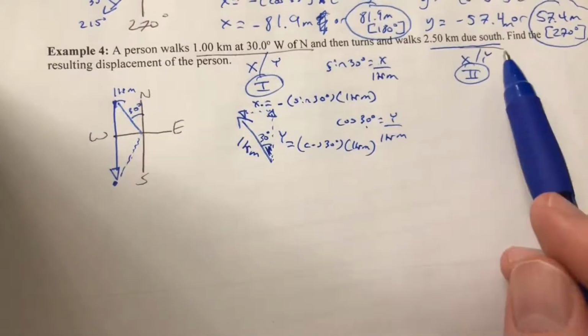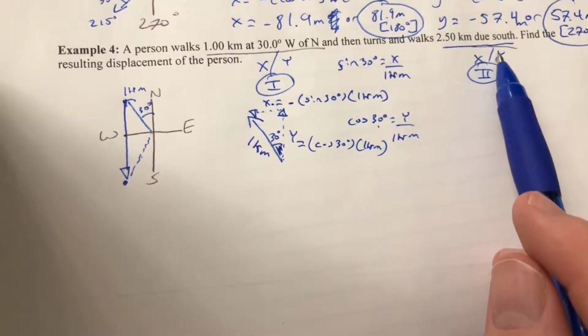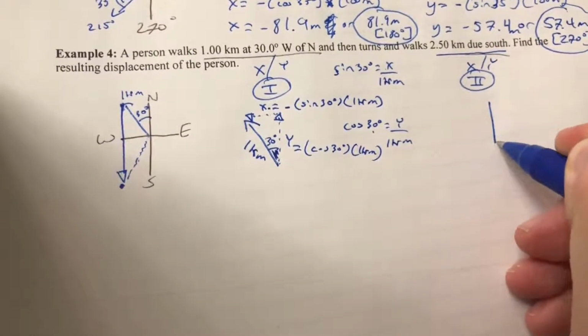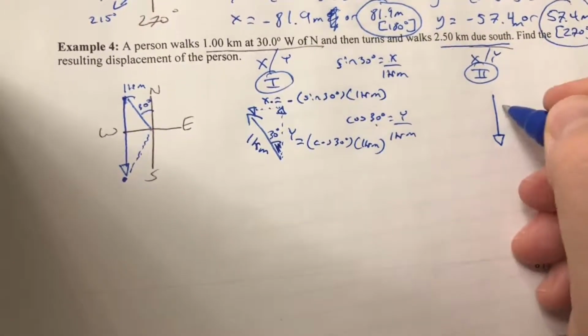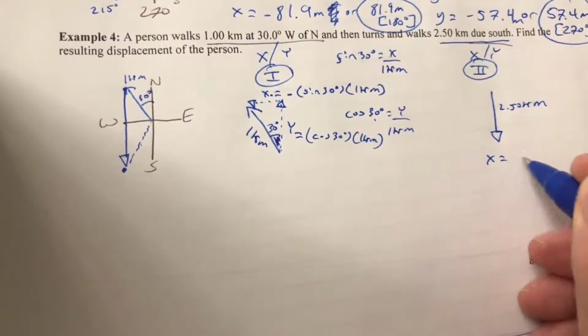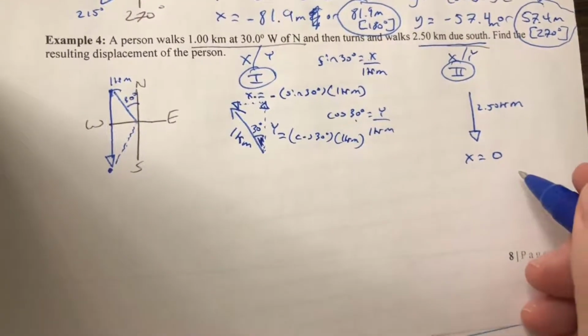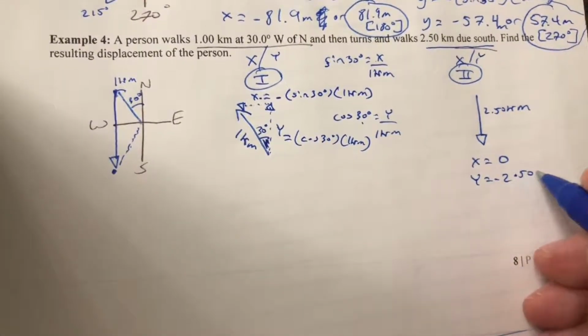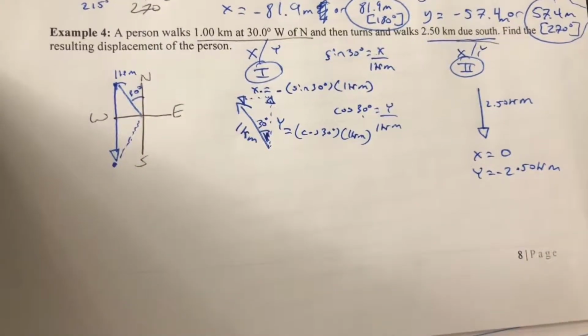Okay, for the second component, he goes 2.5 kilometers due south from that new location. So due south means just straight south. He went 2.5 kilometers. So my X is nothing because he's all in the Y direction. And my Y is negative 2.5 kilometers.